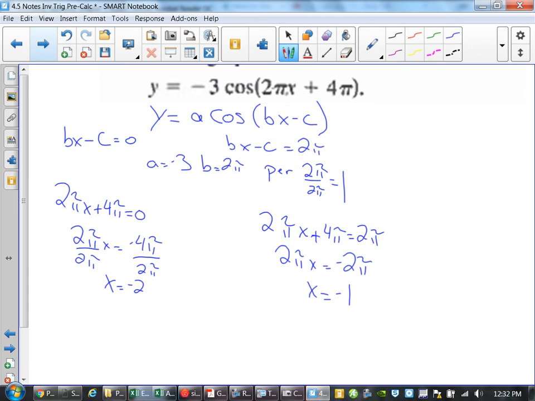If it's positive, yeah, because if you think about if we did it our old way with the h and k, if I factored out that 2 pi, I have a plus 2 pi, which means I'm moving it to the left. Okay. And you see where my endpoints wound up at -2 and -1, which means I still move it to the left. Okay. All right. And I know my period is 1. What's the distance between -2 and -1? 1.